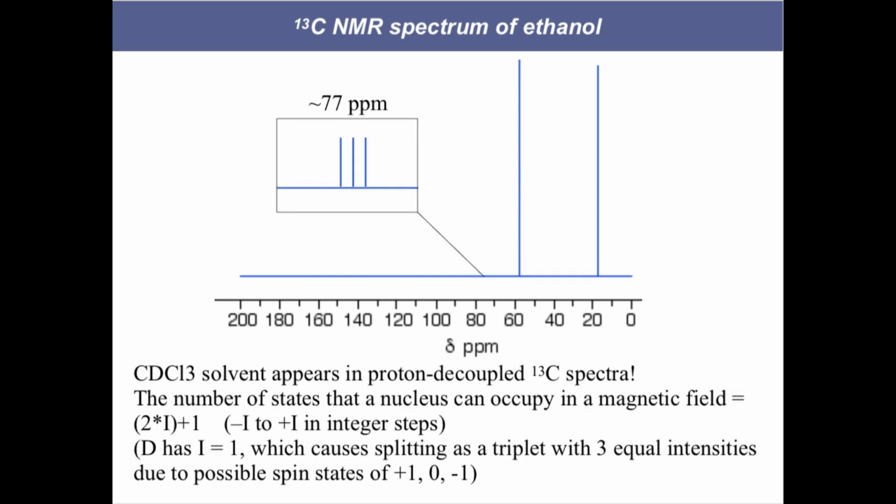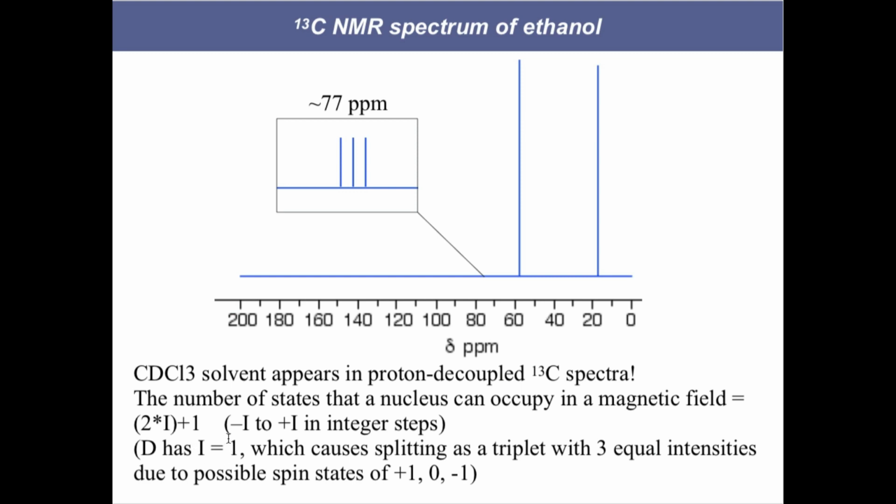The solvent that we use in NMR is often CDCl3. It's a deuterated chloroform. It's chloroform with a deuterium replacing a hydrogen. Since deuterium will couple with carbon, anytime carbon is carbon 13, a deuterium will couple with it because remember, deuterium has a spin quantum number of 1.